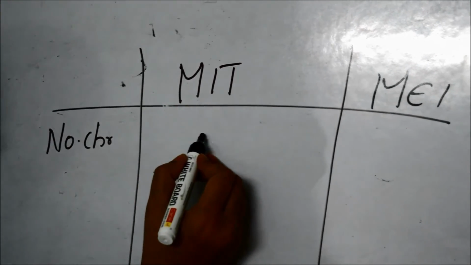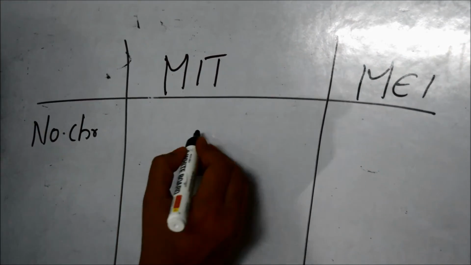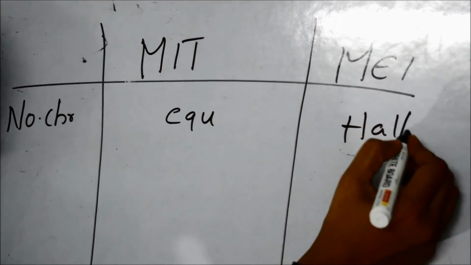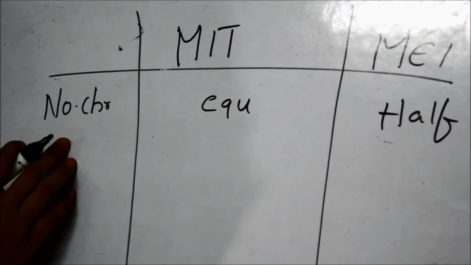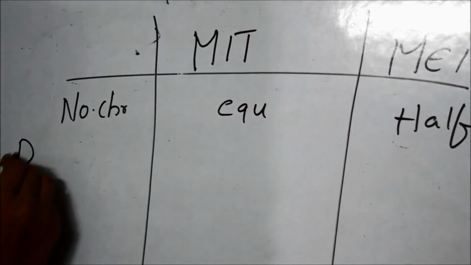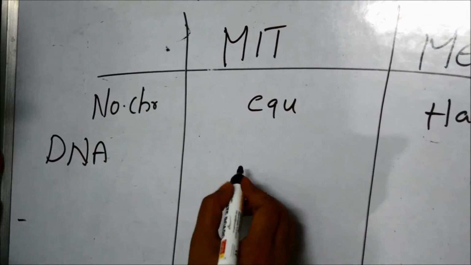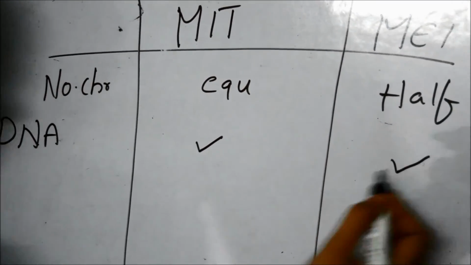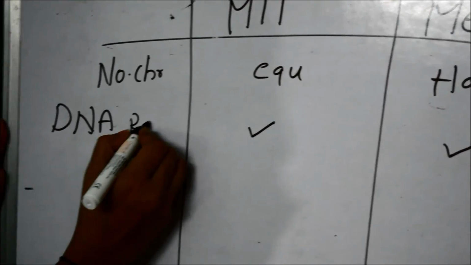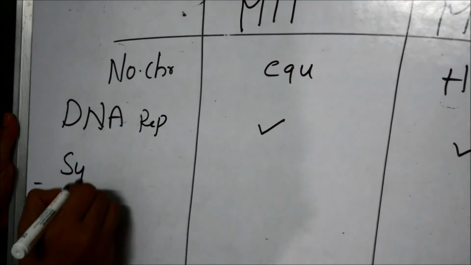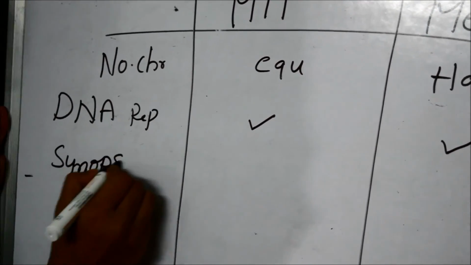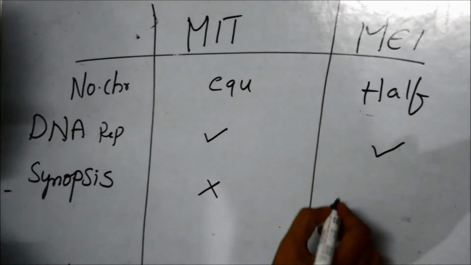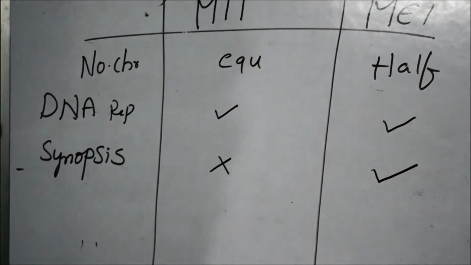In mitosis, it has an equal number of chromosomes. Here in meiosis, half the number of chromosomes. Now coming to DNA duplication in both: in mitosis DNA duplication is there, in meiosis DNA replication is there. Next, synapsis. In mitosis synapsis is not there, but in meiosis the synapsis process is there.